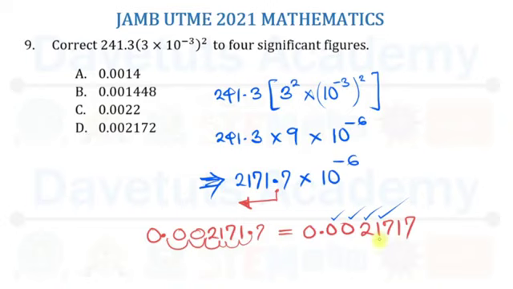We are going to stop on this 4th figure, and that means we will take 7 and ask ourselves, do we round 7 up to 1 or round it down to 0? 7 is greater than 4. Numbers from 5 to 9, we normally round them up to 1 and add to the previous one. So for this particular question, it will be 0.0022.